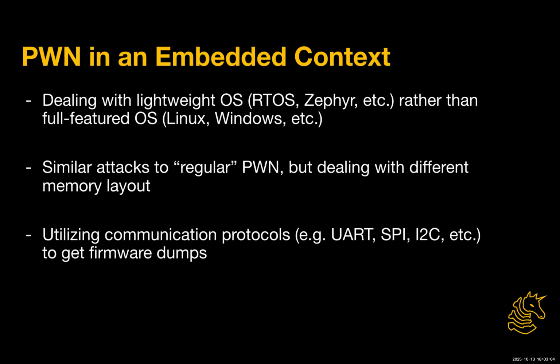For PWN in an embedded context, it deals with lightweight OSes like RTOS and Zephyr, rather than the full-featured OS of typical computer systems. The attacks are still very similar to regular PWN, but they deal with different memory layouts and architectures. It will also involve utilizing communication protocols such as UART, SPI, and I2C to get the firmware dumps of the device that we're attacking.